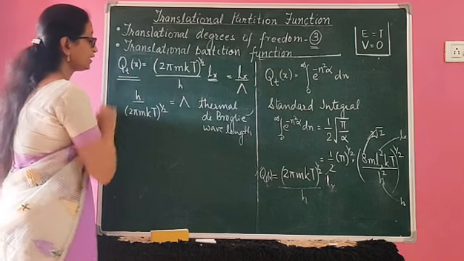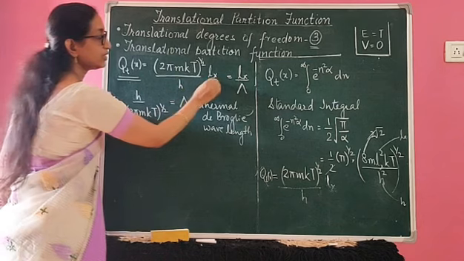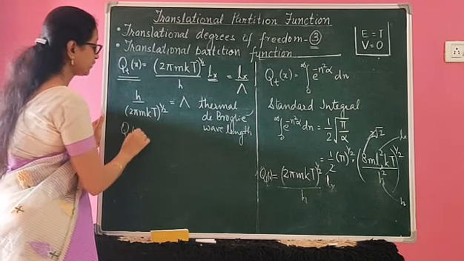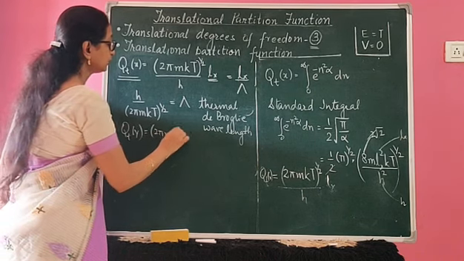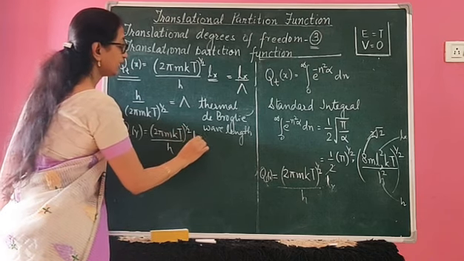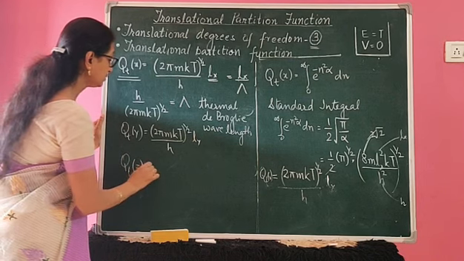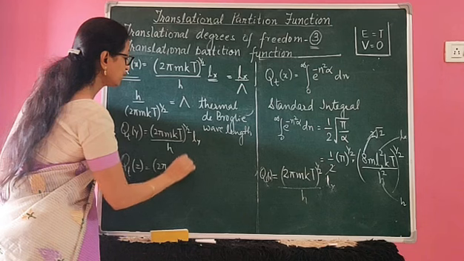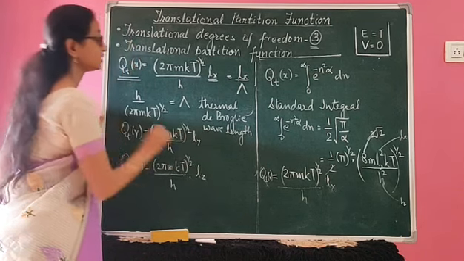Similarly, for y direction we will be having the same equation. Only difference will be here, it will be Ly. For y we will have 2 pi mkT to the power half upon h into Ly. For z axis we will be having 2 pi mkT to the power half upon h into Lz.